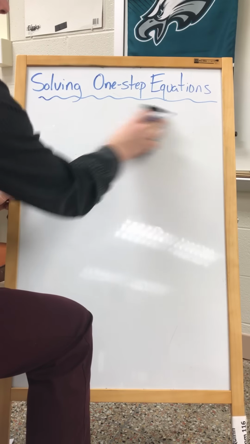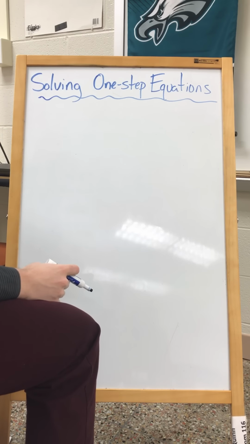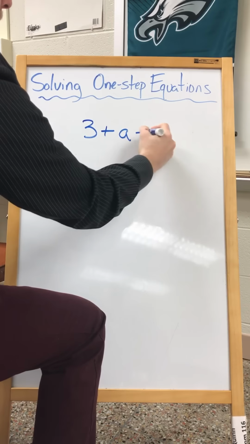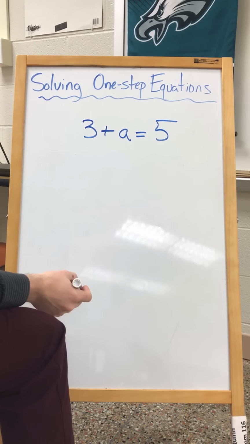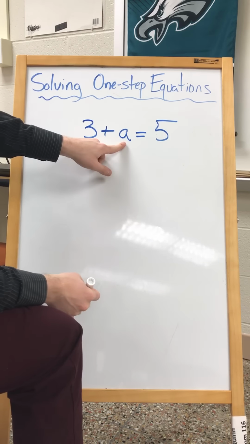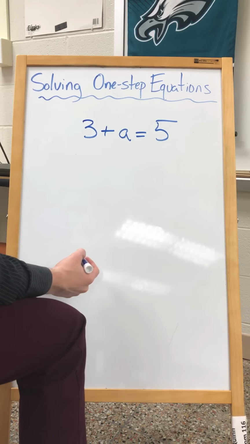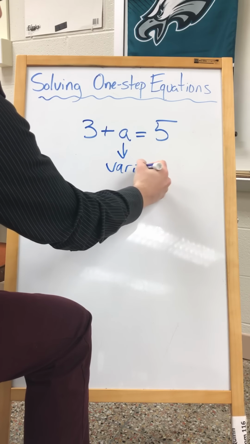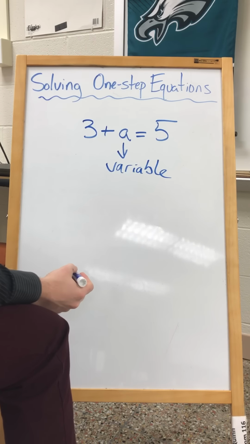But as we get into the world of solving an equation, we're not going to see something as simple as that. Instead, we might see something like this, where we're going to include something else, a letter. This letter, as you know from our discussions in class, is a variable. And a variable is something that we don't know.